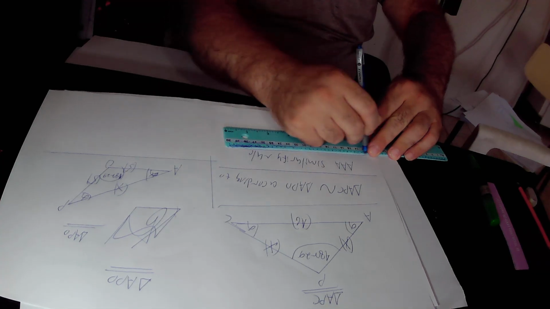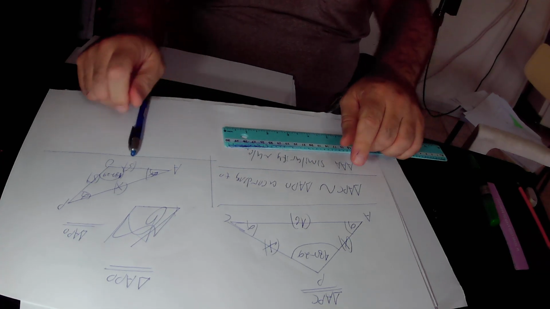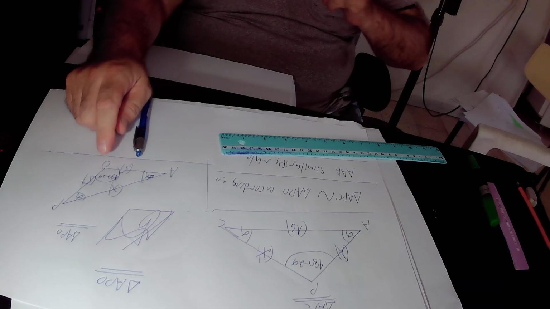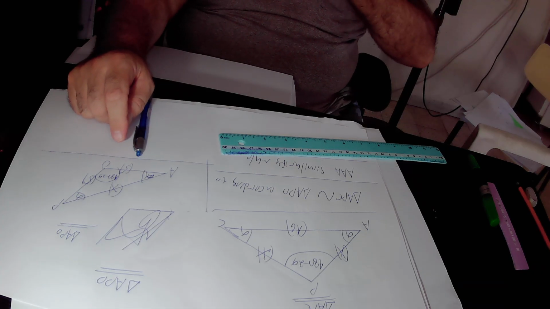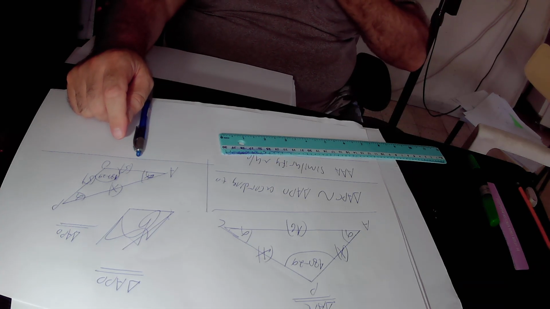And from the fact that those two isosceles triangles are similar to each other, we derive that the following relationship exists between their sides.